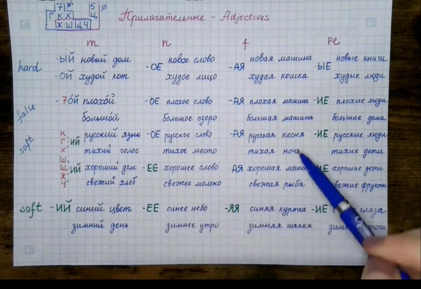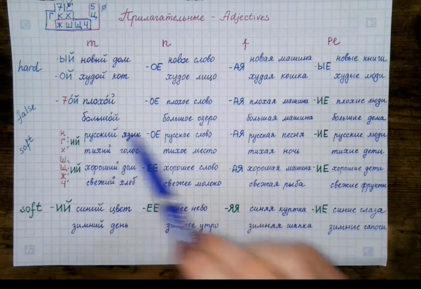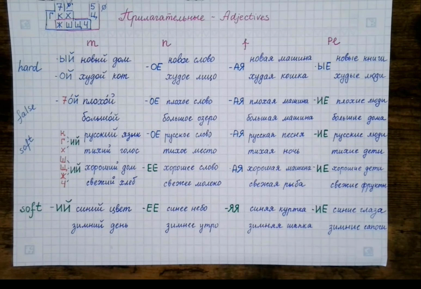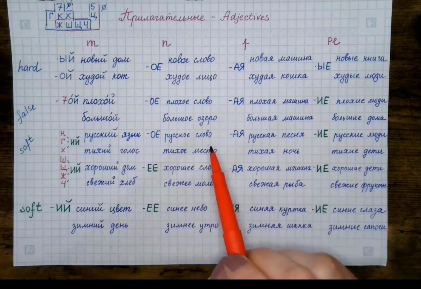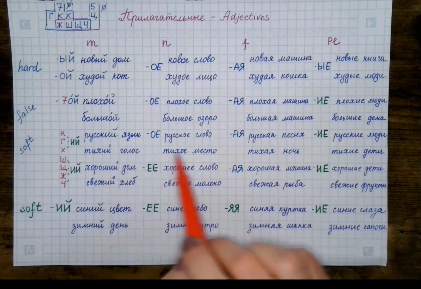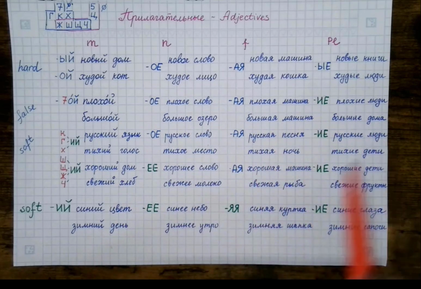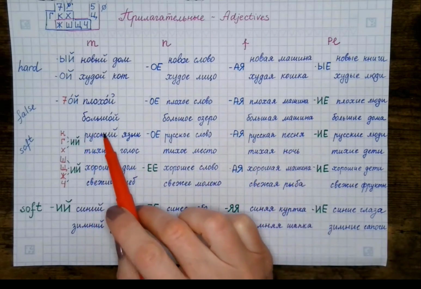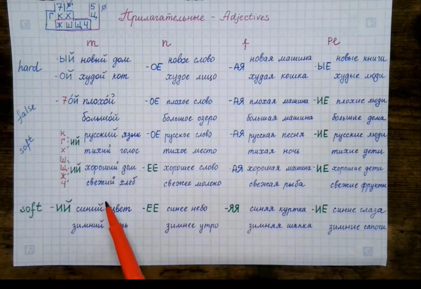Okay, now we have all that, and I know it's a lot, but I actually have a song that will help you learn these endings. Now, before I show you the song, I want to tell you a couple more things. I recommend that my students look at the word большой as an exception and just remember it as большой, большое, большая, большие. So we switch to ие only in plural. Because to be honest, that's the only word that you will see for a long time that ends in ой and has ш in front of it.